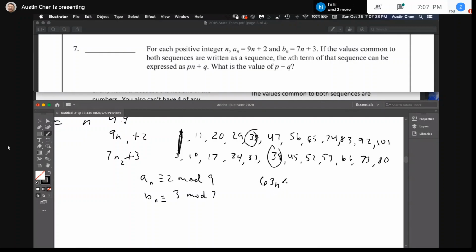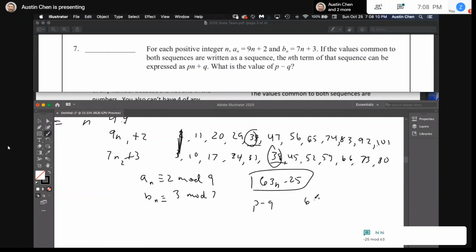And then we can just use our initial value of 38 to find what Q is. 38 is our first one, so we do 38 minus 63, so we have a minus 25 here. So this has to be our sequence. Then P minus Q is just 63 minus negative 25, or 63 plus 25, which is 88.